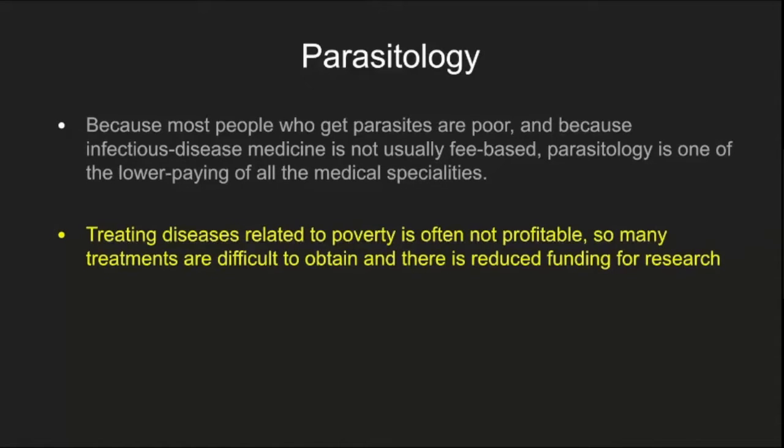So many treatments are difficult to obtain, and there is reduced funding for research here. You go to a third world country and they tell you don't drink the water, because the bacteria in that water has never entered your digestive system. Therefore, your immune system can't fight it off and you get sick. Case in point, certain regions of Mexico with weak infrastructure, they call it Montezuma's revenge.